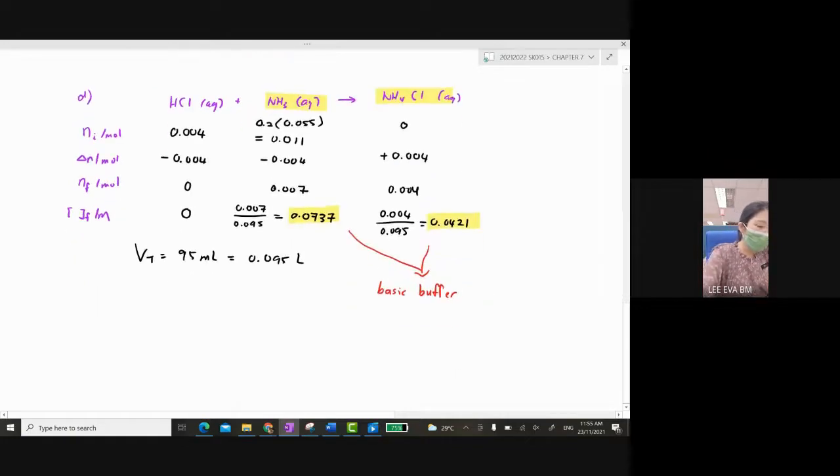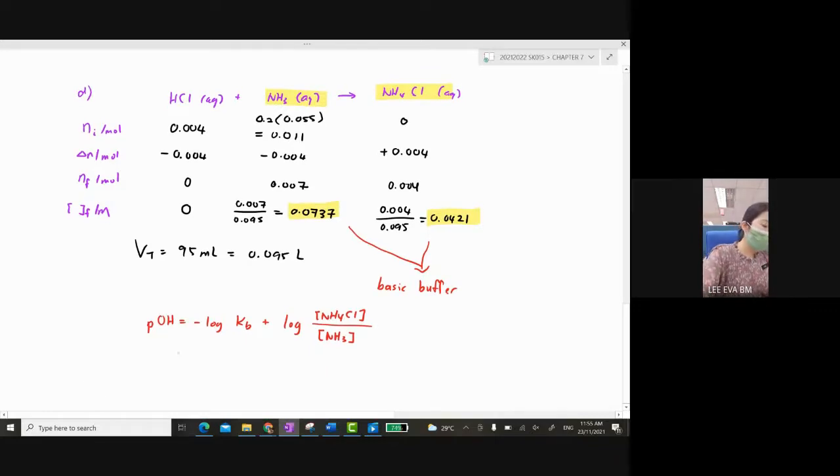Okay, so kita kira dulu ya. We have the basic buffer, so pOH equals negative log Kb, and the salt on the top, we have NH4Cl. Weak base at the bottom, NH3. In this case, apply your Kb value, 1.8 times 10 to the power negative 5, and then log concentration on the top, 0.0421, over the base, 0.0737.